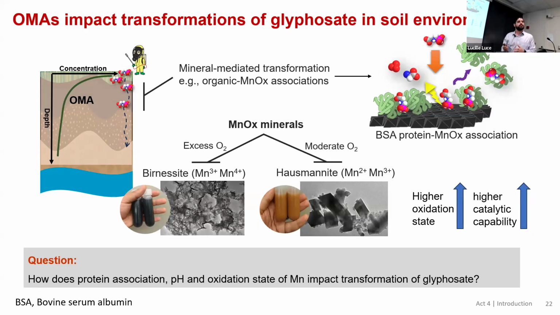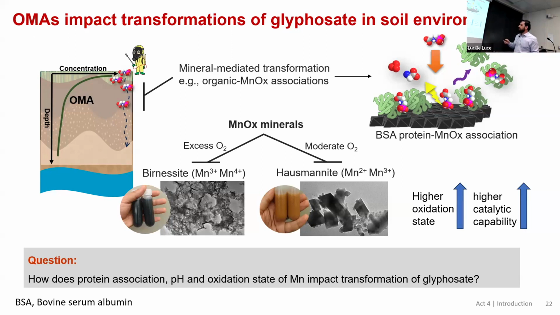So we should study aminomethylphosphonic acid more, and we looked at that. This compound originates from transformation. So I wanted to know how organo-mineral association can change generation of this product or transformation of glyphosate.